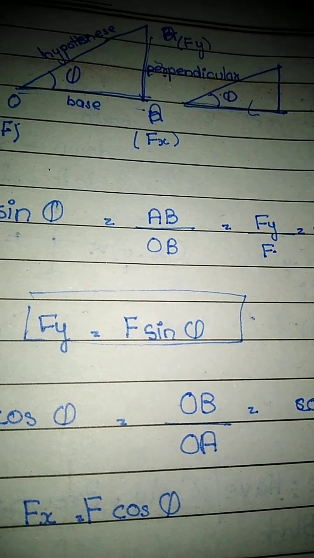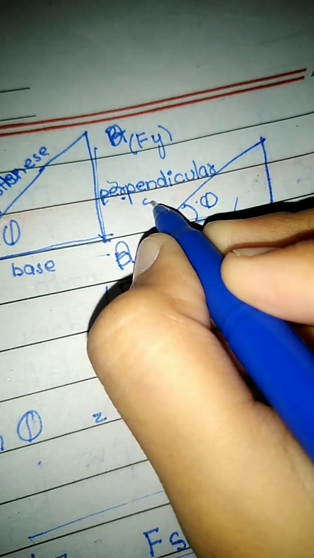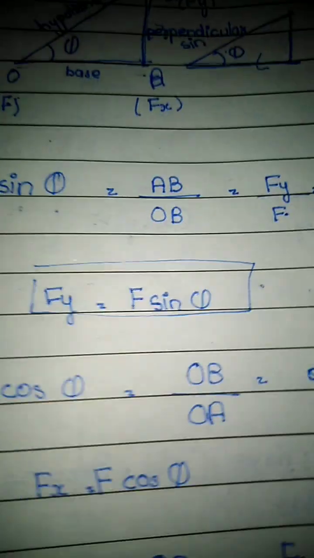AB means perpendicular, so perpendicular represents sine theta.